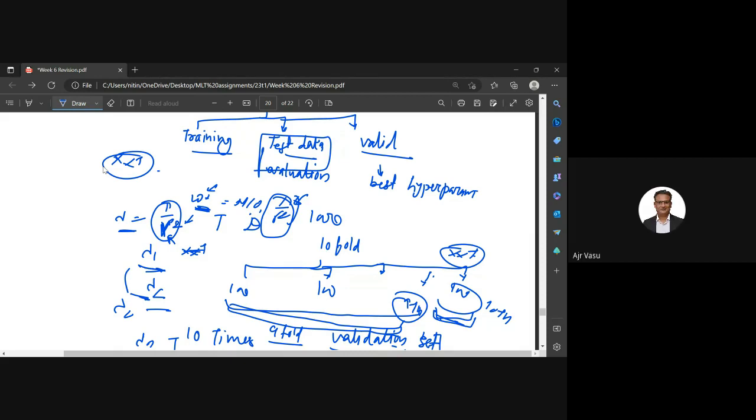Here we assume the prior, right? The prior assumption for W. Remember, we are calling it a Gaussian with mean 0 and this covariance.